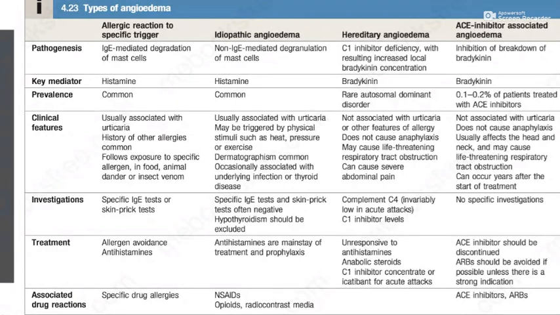Clinical features of type 1: associated with urticaria, history of other allergies is common, and follows the exposure to specific allergen in food, animal dander, or insect venom.